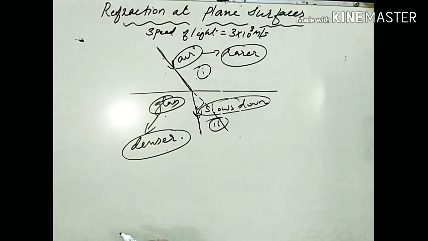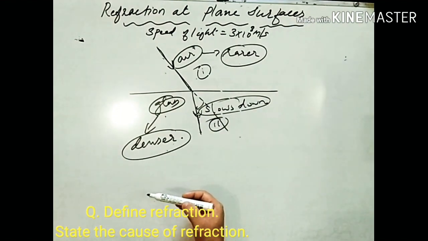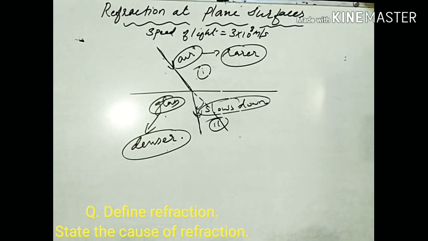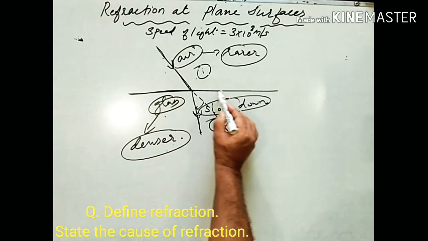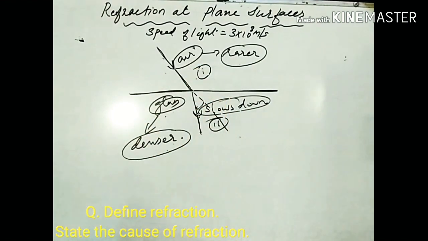Slight deviation is there because of change in speed of the light. And this deviation of light ray from its original path, we call it refraction. So refraction is basically a surface phenomenon. It is taking place at the surface of separation between two media, air and glass. That's the definition of refraction.